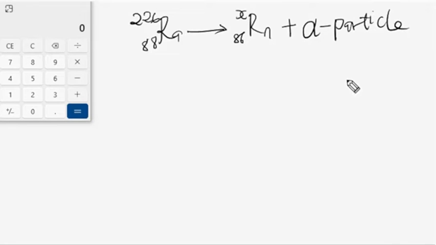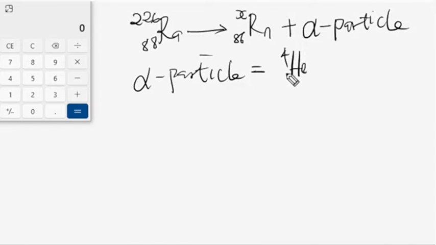For something like this, I already know what will be here, and that's 224. But if you really want to solve for this, we know that the alpha particle is the same as a helium atom, which is this.